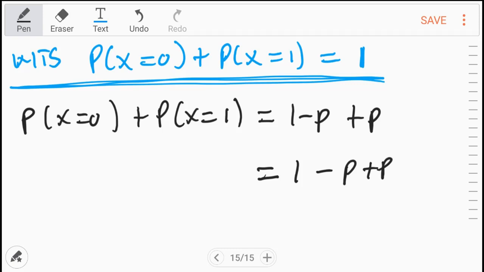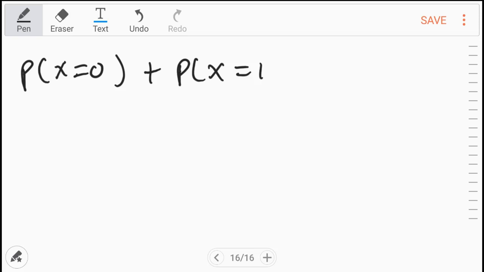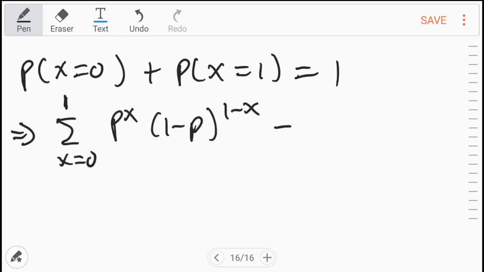Minus p plus p gives us 0, so our end result is 1. So we've been able to prove that P of x is equal to 0 plus probability of x is equal to 1 is equal to 1. This implies that if we sum the PMF, we have to get 1. So this proves the legitimate condition under a Bernoulli distribution.